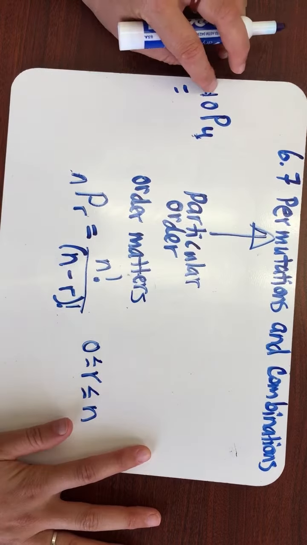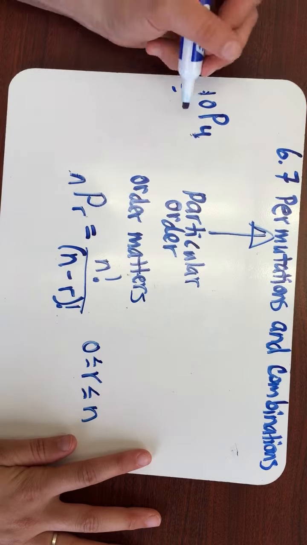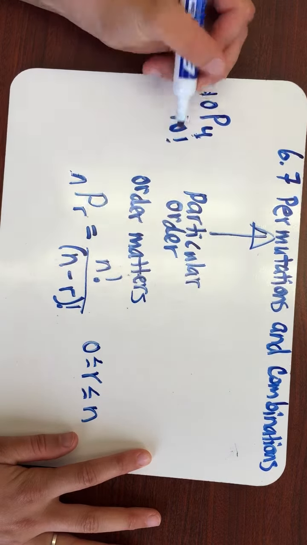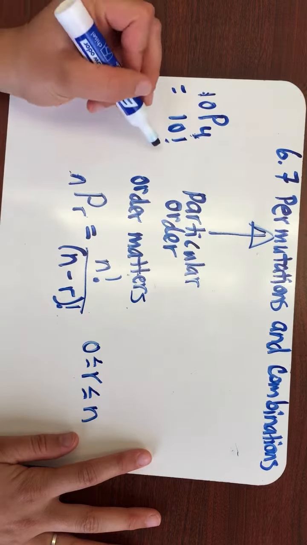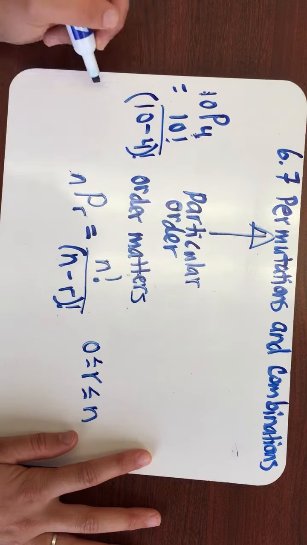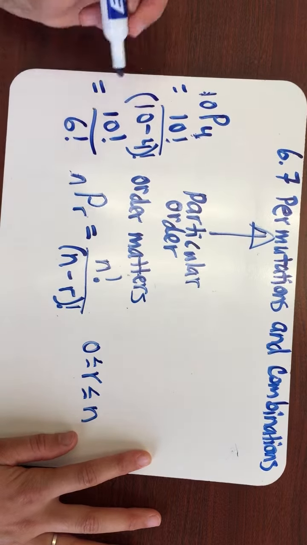We're looking at 10P4, so we'll plug that in: 10 factorial divided by 10 minus 4 factorial. This will give us 10 factorial over 6 factorial.